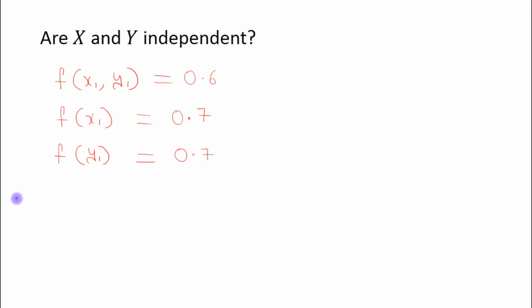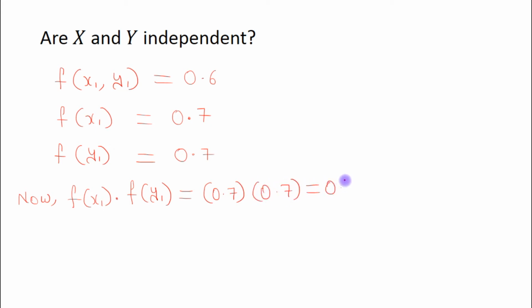Now, if we take the product of these marginal probabilities, that is fx1 times fy1, which will be equal to 0.7 times 0.7 equal to 0.49.